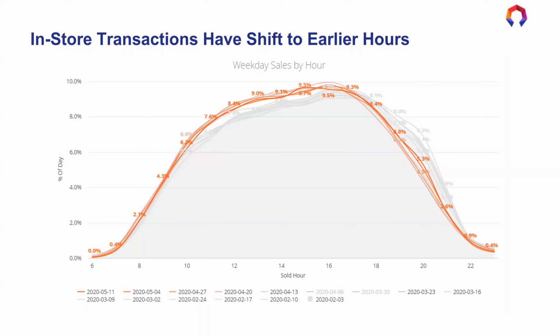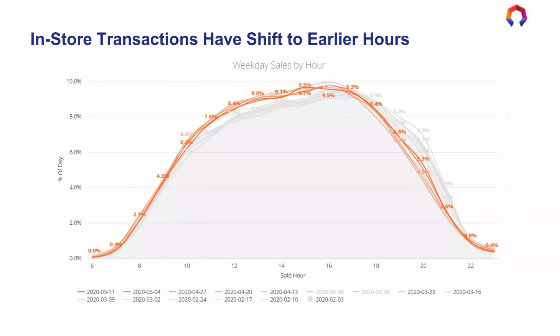as time has progressed, as we move more and more into April and May, we see those orange lines where the data has moved to the left. This means that people are shifting their purchases to early hours of the day. This is really notable. If you look back at years of data, you would see everything fall more along those gray lines, especially that shaded gray area pre-COVID. So we saw, especially on weekdays, a lot of afternoon shopping and early evening shopping.